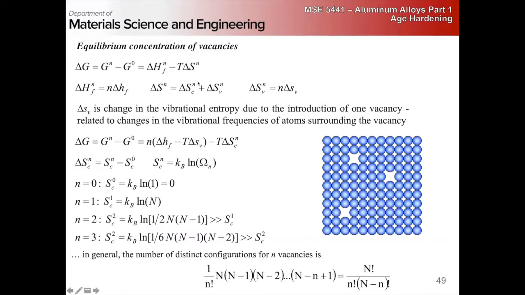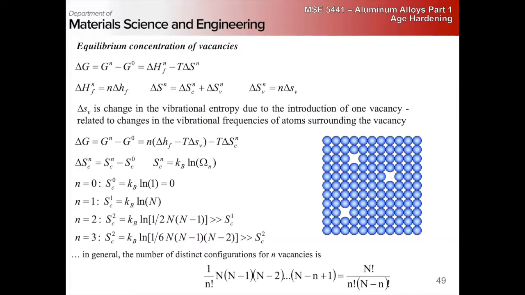So what I did is I added a small term that's not in Gaskell. This is the vibrational entropy term, right? What is the vibrational entropy? If you have a bunch of atoms all vibrating on a lattice and you take one out, it's going to affect the vibrational structure.